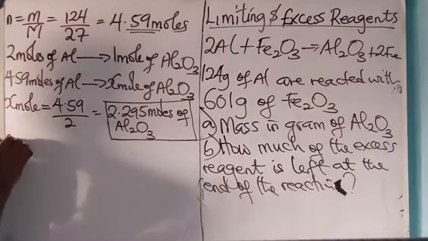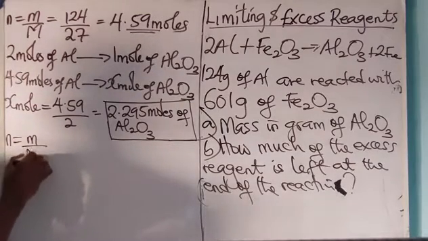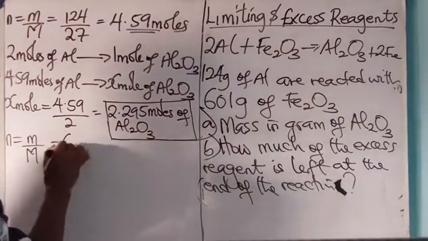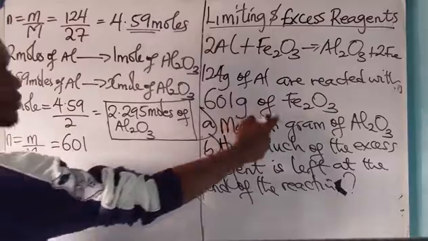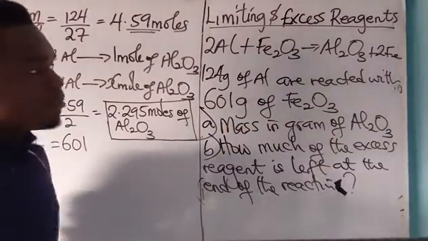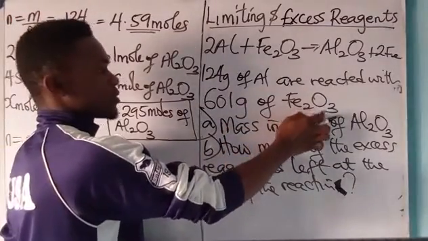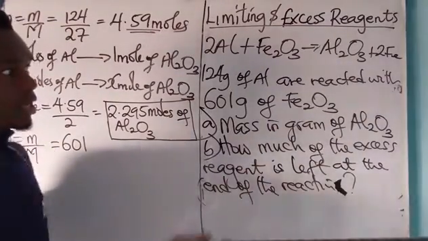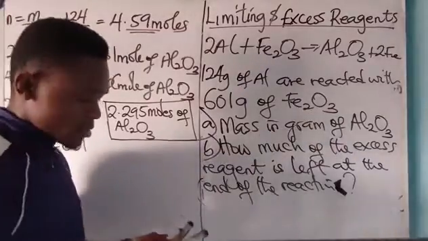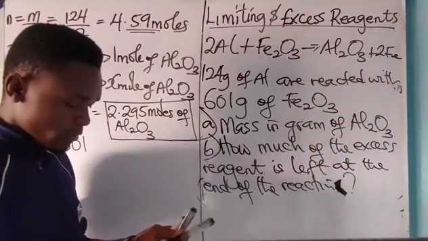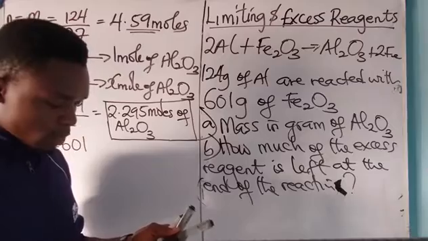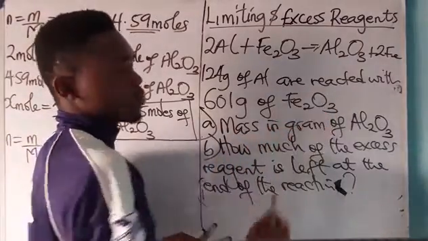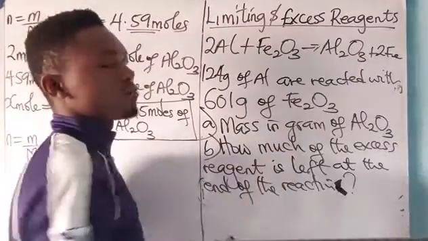So number of moles equals mass over molar mass. The mass given from the question is 601. Let's look for the molar mass of iron 3 oxide. Iron has atomic mass of 55.8 times 2, plus oxygen is 16, so 16 times 3, you have 48.